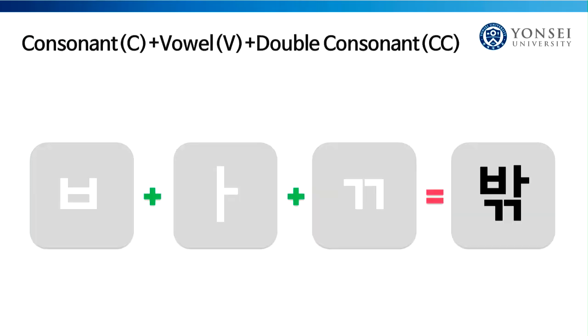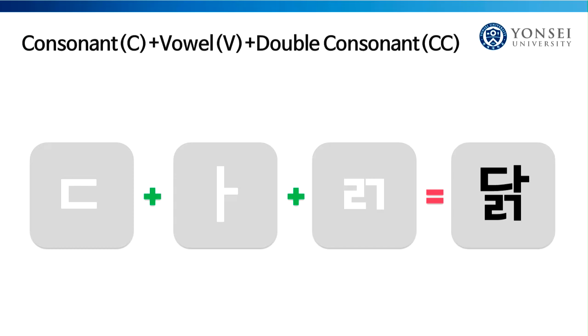The final case is when consonants, vowels, and double consonants are combined. 2 final consonants are put together to form a double consonant. For example, the initial consonant 비읍, the vowel a, and the final double consonant create 박. The double consonant is used as a final consonant, and thus it is not pronounced as it would when used as an initial consonant.